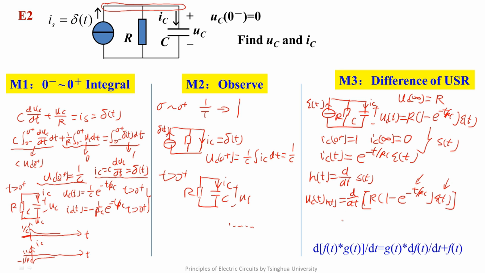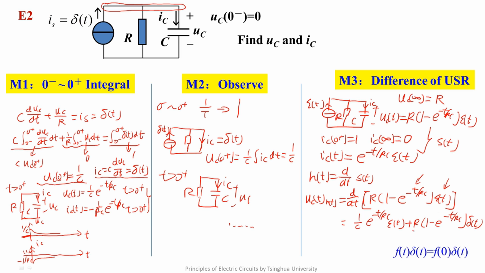What's the first part? It equals 1 over C times e to the power of minus t over RC times epsilon(t). The second part equals R times 1 minus e to the power of minus t over RC times delta(t). This is just f(t) times delta(t). For this function, f(0) is 0, so it equals 0. This is the expression of the unit impulse response of UC(t).